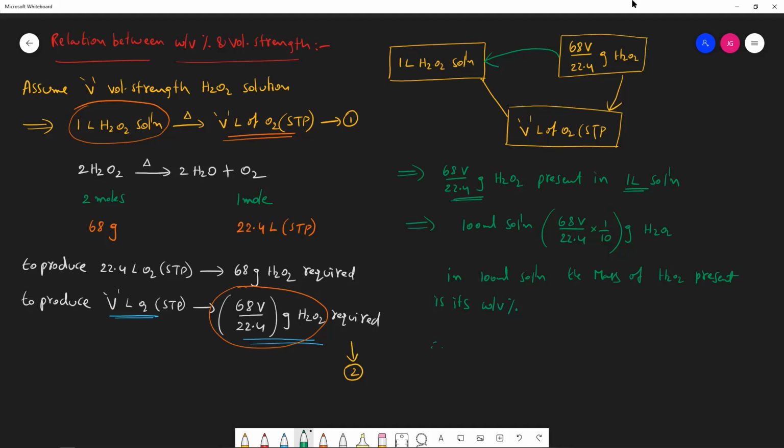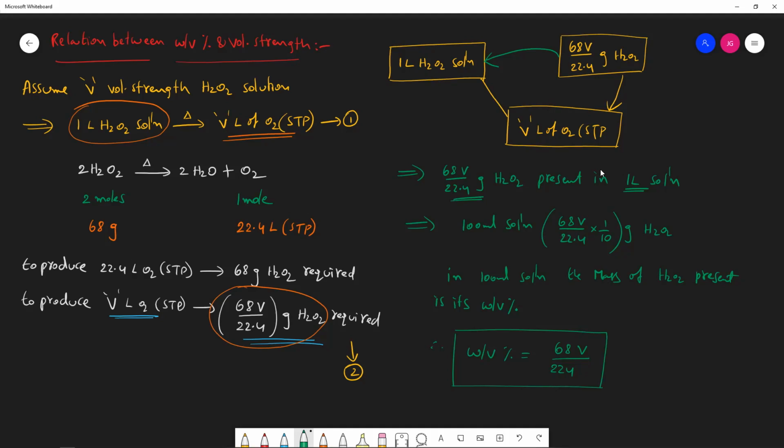So therefore, weight by volume percentage is equal to 68 V by 224. So this is the weight by volume percentage of the volume strength of H2O2.